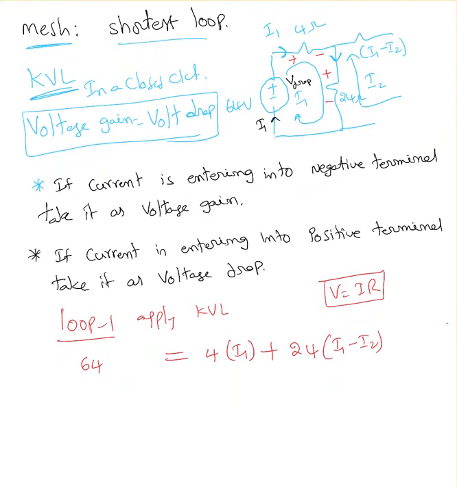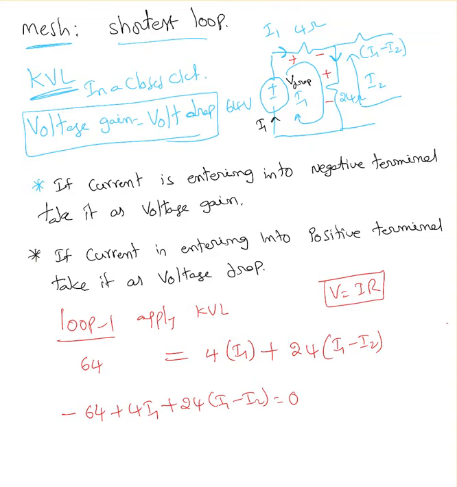Another way of simply writing this equation, once you assign: if you are entering into the negative terminal, take that as negative; entering the positive terminal, take that as positive. So I can rewrite this as minus 64 plus 4I1 plus 24 (I1 minus I2) equals 0. All I did was move the 64 to the other side.